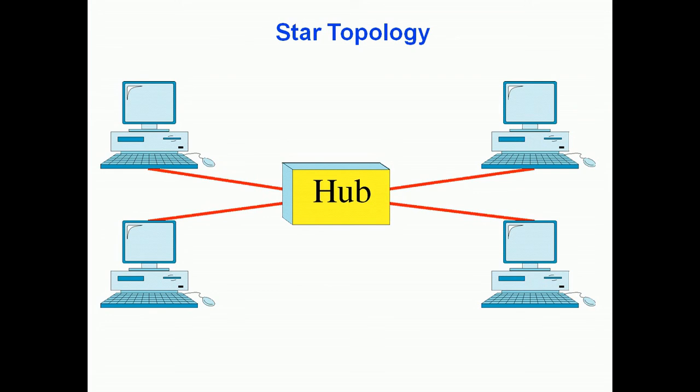The problem with this star topology is, if the hub fails, the whole network goes down. No device will work and there will be no communication between the devices. So this is star topology.